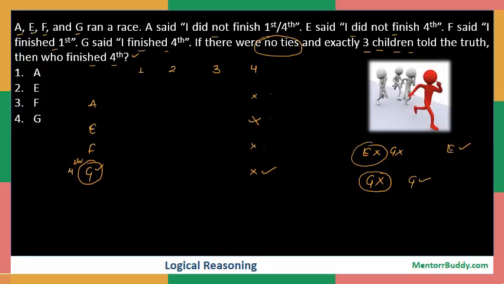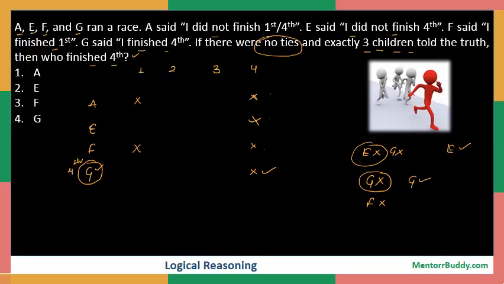Now suppose F is incorrect, that is, F saying I finished first is incorrect, and he is not finishing in first place. Then A saying I did not finish first or fourth means A is not finishing on the first or the fourth position.